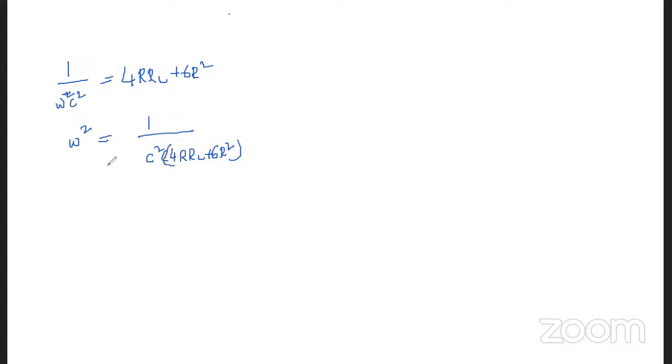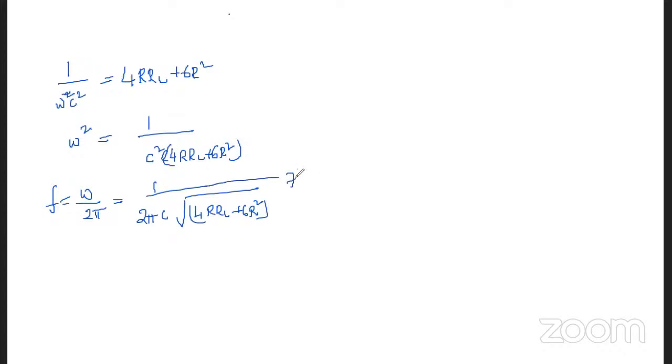If we write omega as 2 pi f, then the frequency of oscillations is f equals omega by 2 pi, which we can write as 1 by 2 pi C root of 4R RL plus 6R square. This is equation number 7.